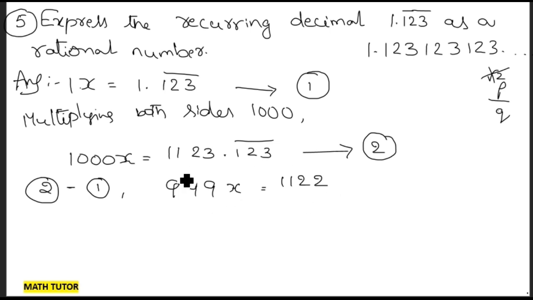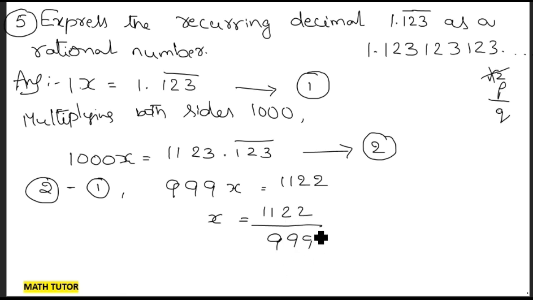Okay, now this came in a very simple way, right? So we need not bother about the decimal part now. Decimal part has been completely removed because we multiplied both sides by 1000. Okay, so here we got 999x equals to 1122. Okay, now solving for x, I get 1122 divided by 999.